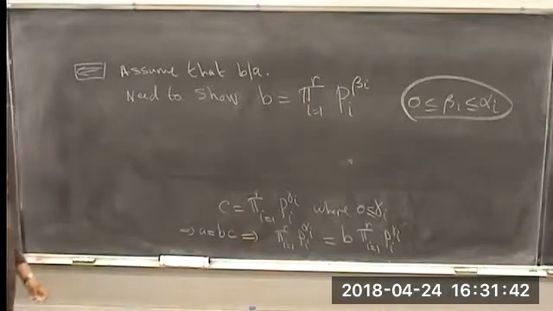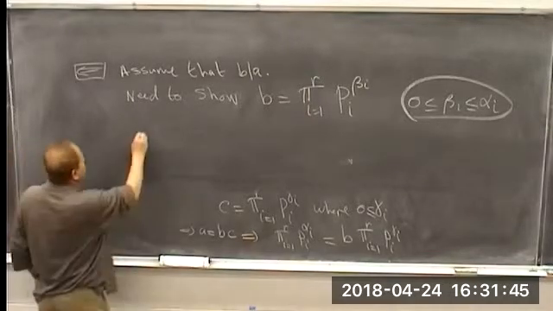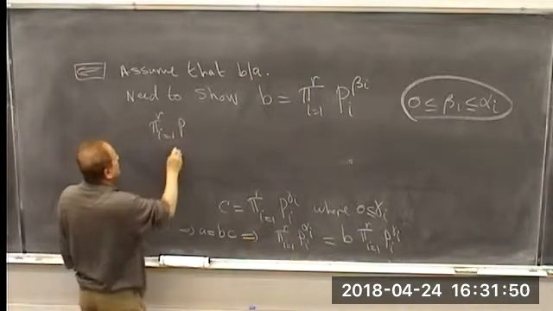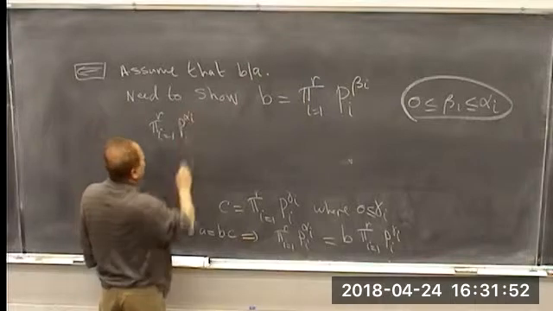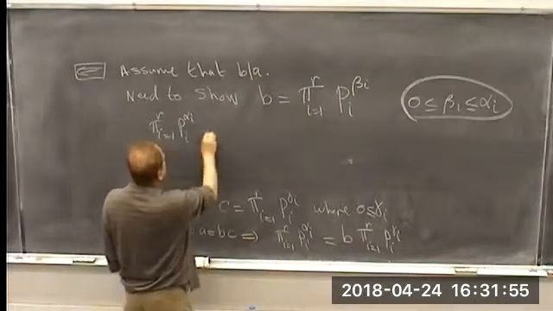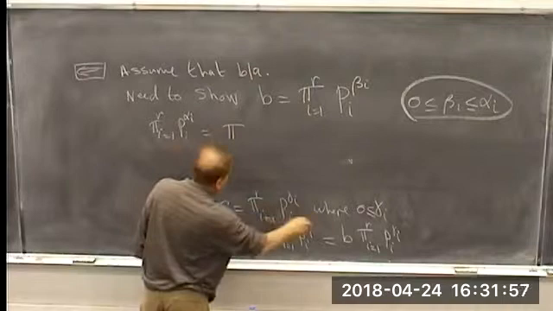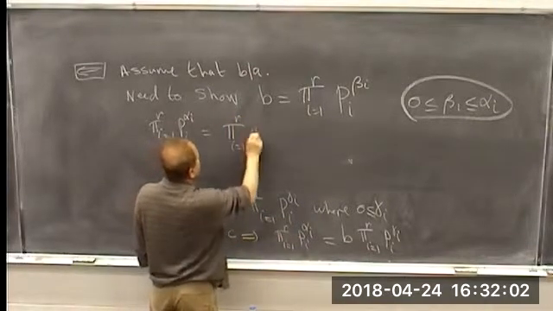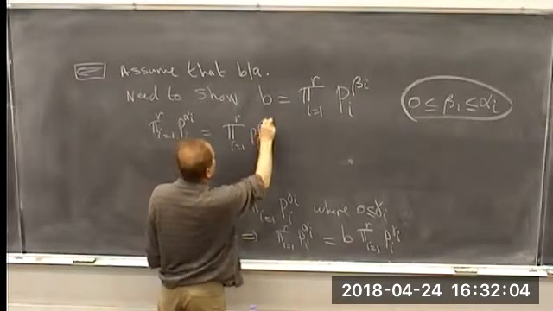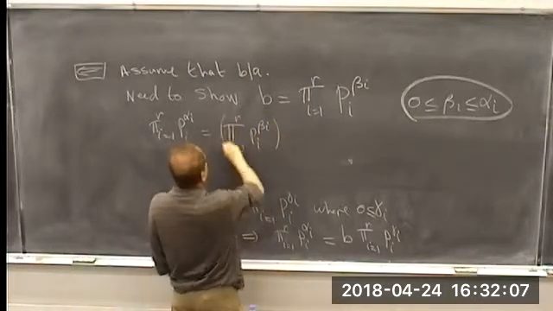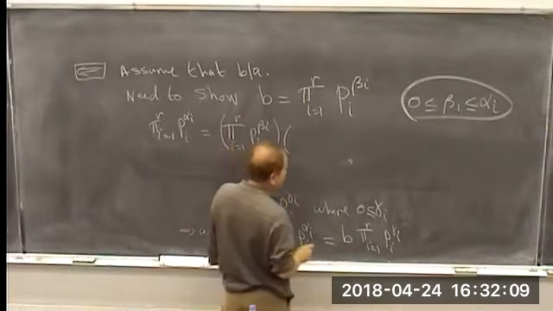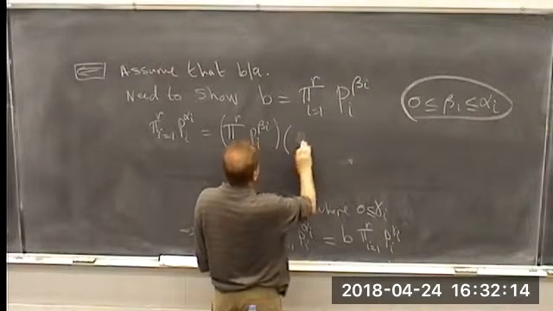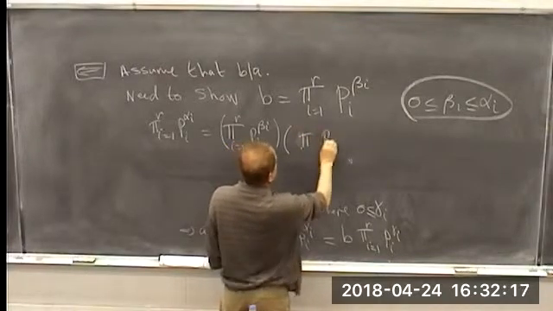So let's again say the product for i equal 1 to r of p_i to the alpha i is equal to, and I want to write the prime factorization of B, the product for i equal 1 up to r of p_i to the beta i, multiplied by, and then we're going to get the correct exponent, the product of p_i to the gamma i.